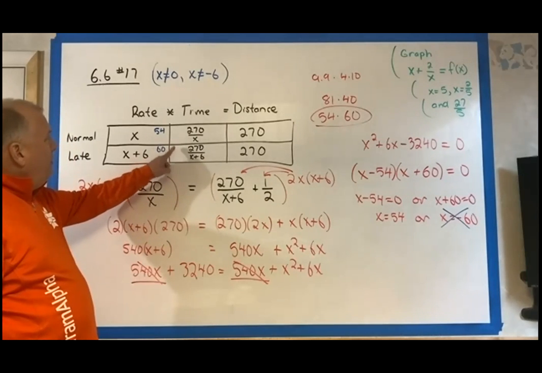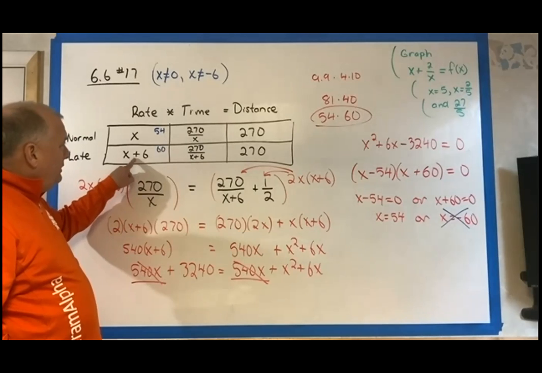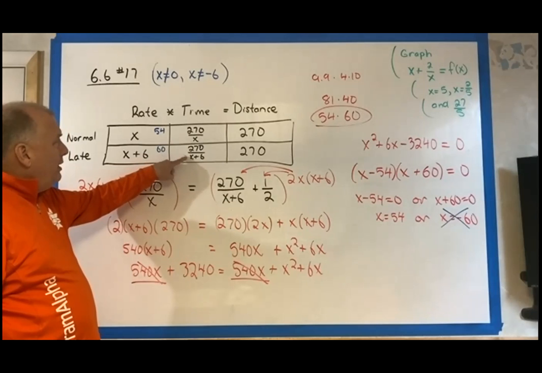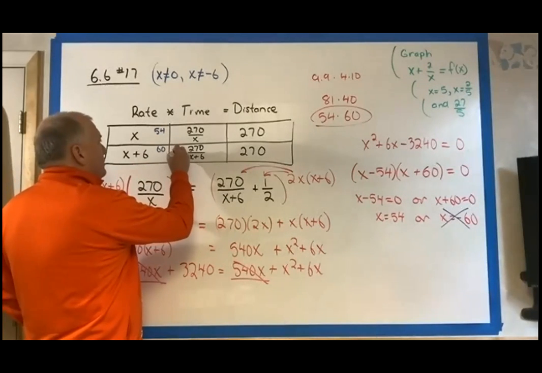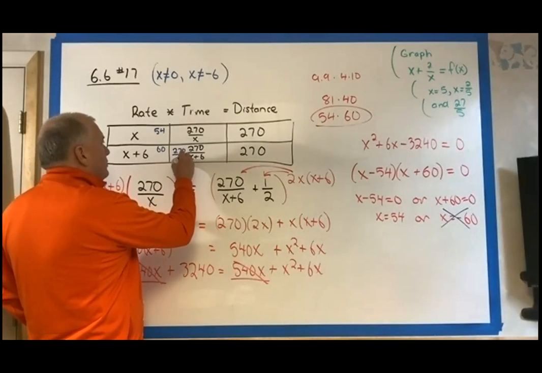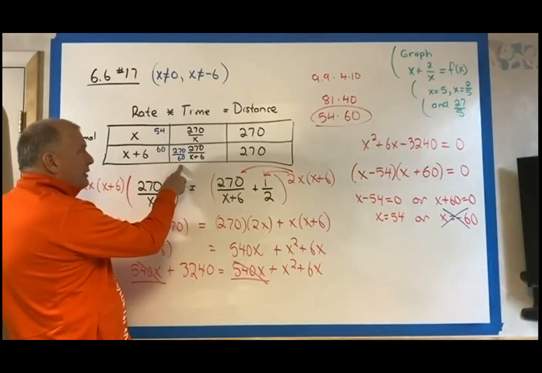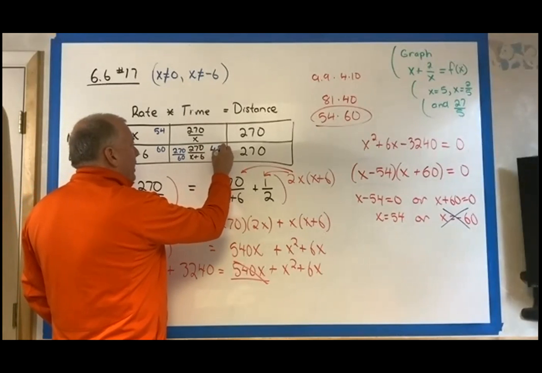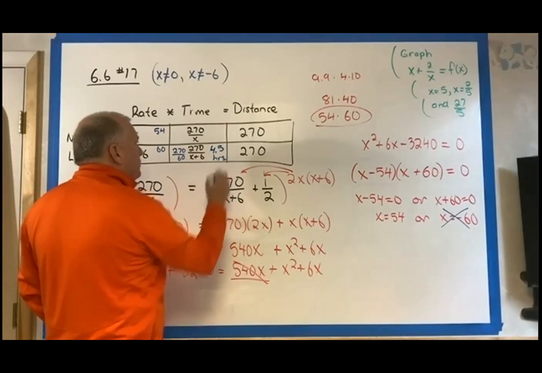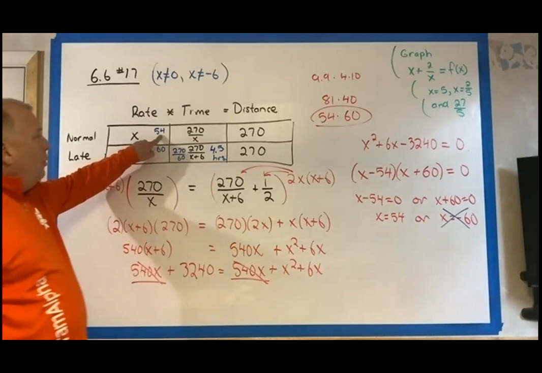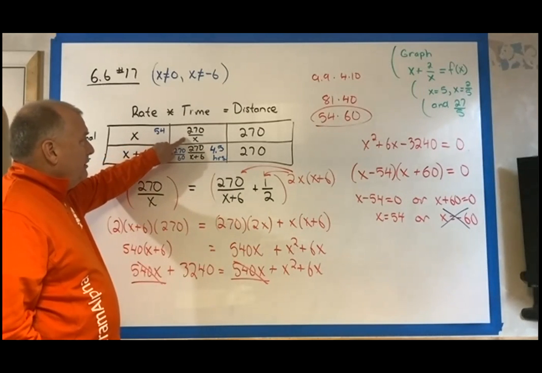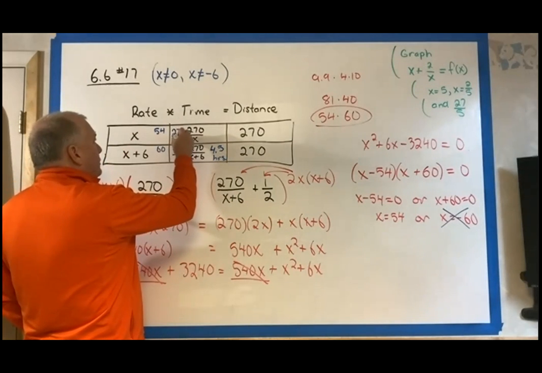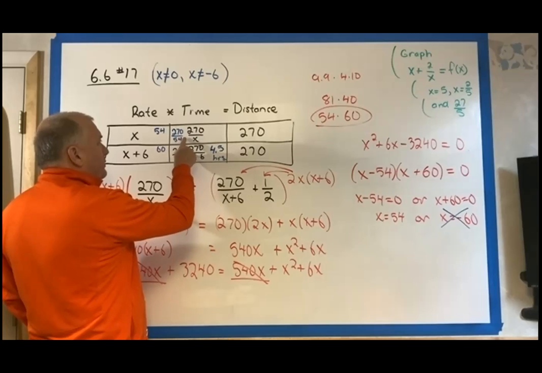Now I'm going to have to do x plus 6 is 60 if x is 54. So what's 270 divided by 60? That's 27 over 6. Divide by 3, 9 over 2. That's 4.5 hours. What's 270 divided by 54? I'm just doing scratch work right now, so I'm making a mess on the board.